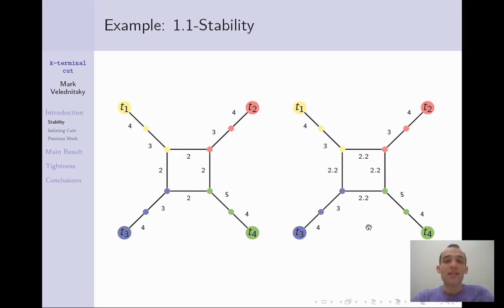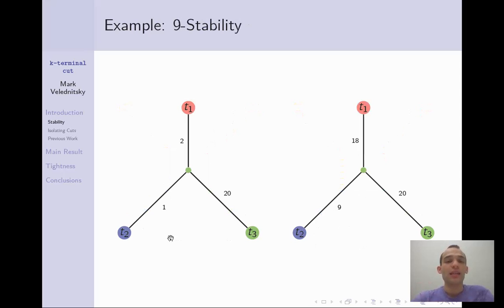So in this case, this doesn't entirely prove that the original instance is 1.1 stable, but intuitively you might have the intuition that the sort of worst gamma perturbation of a graph is the one where you multiply all the edges in the optimal cut by gamma and leave the rest as they are. And indeed, that's what we've done here. The optimal cut remains, and so it'll turn out that this instance is indeed 1.1 stable.